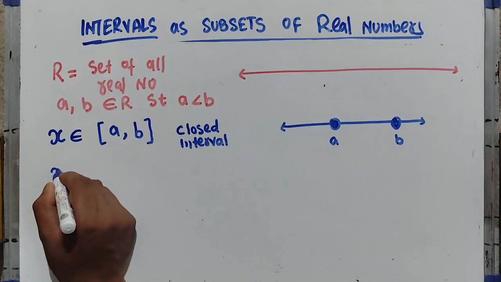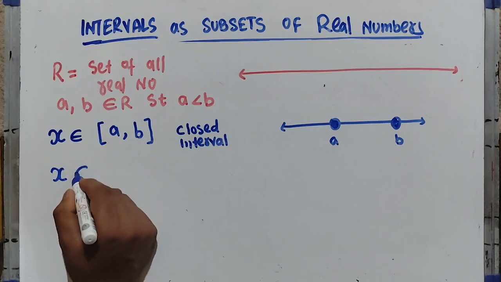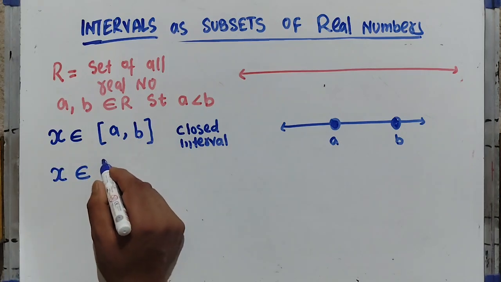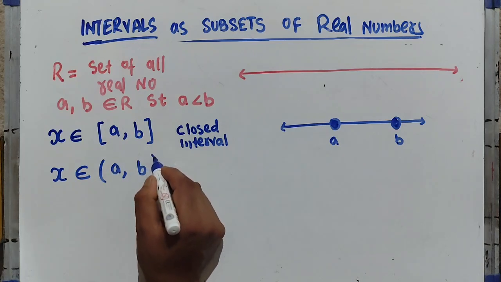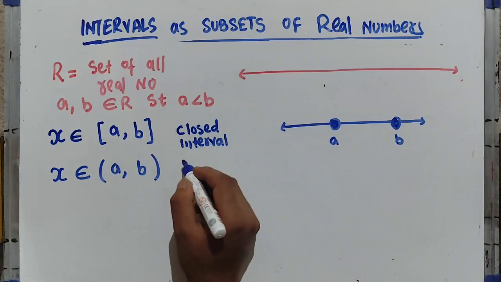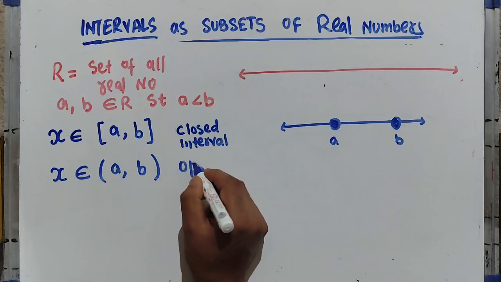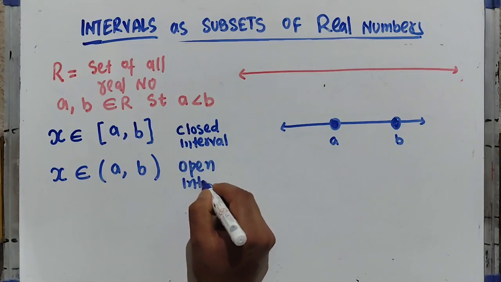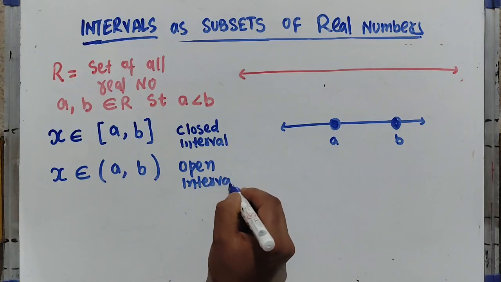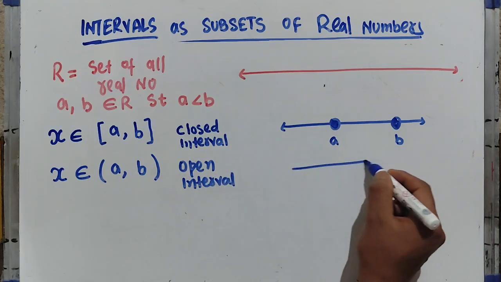Likewise, let us suppose x belongs to (a, b). This is what we call the open interval. So on the number line, how do we show it?